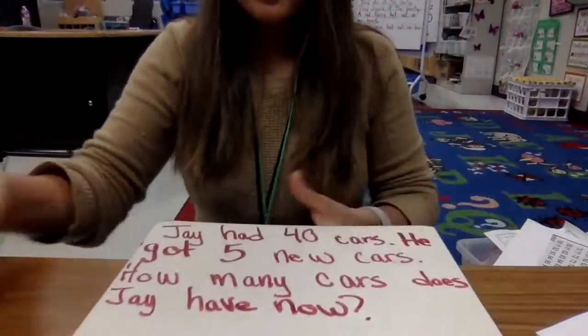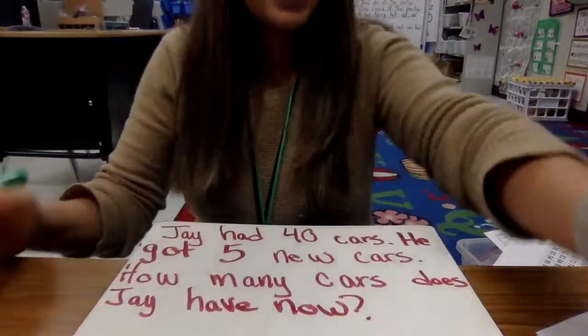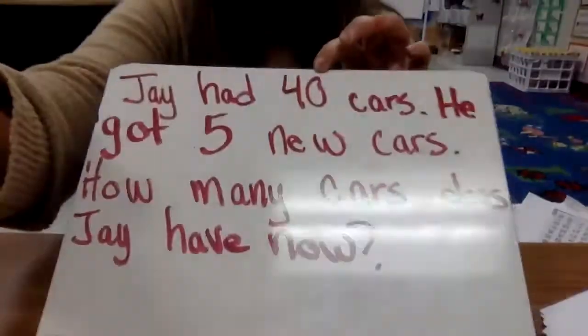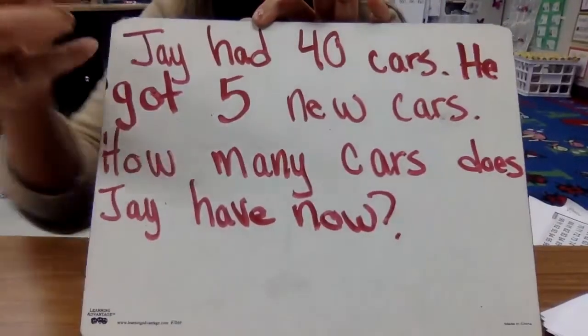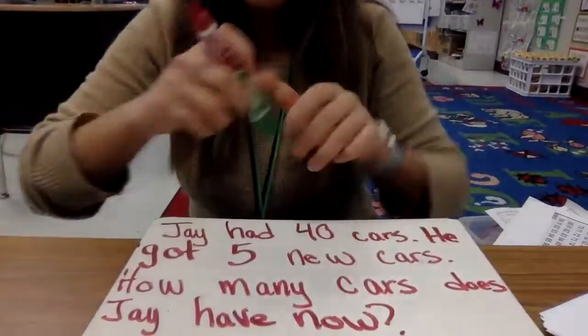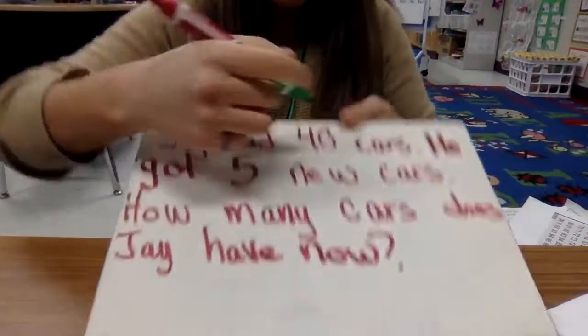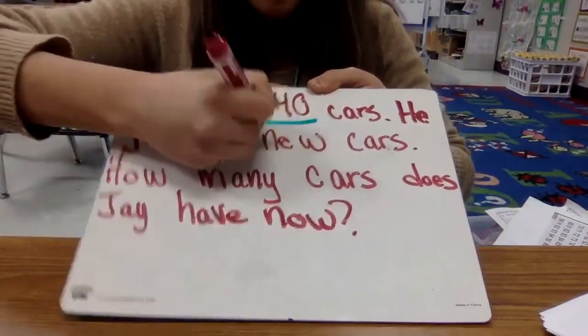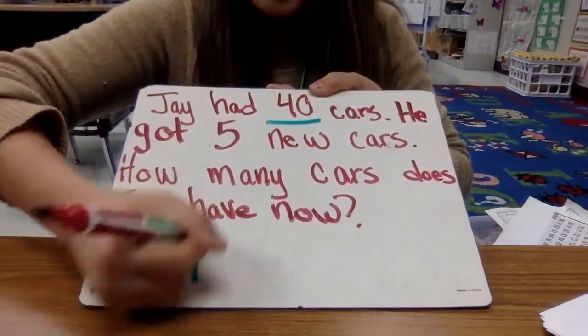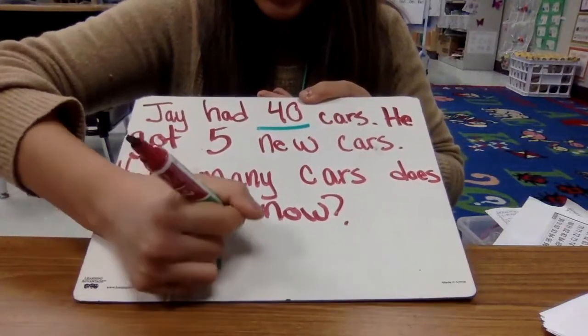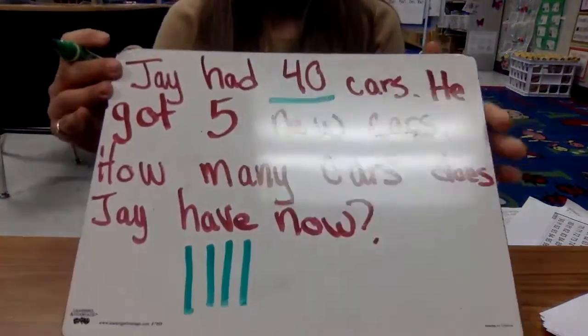The way we do that is like this. We think, how many tens do we have here? So if he has 40 cars, then there must be 1, 2, 3, 4 tens.